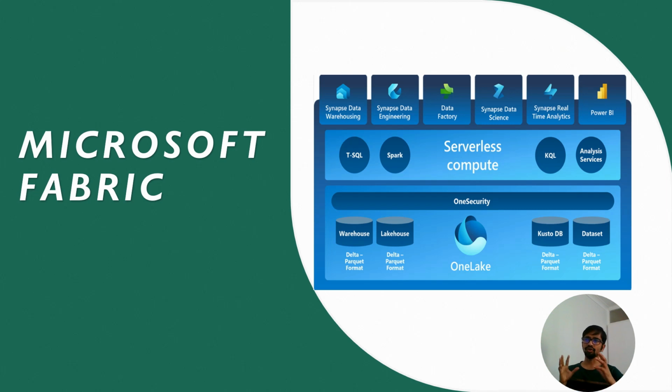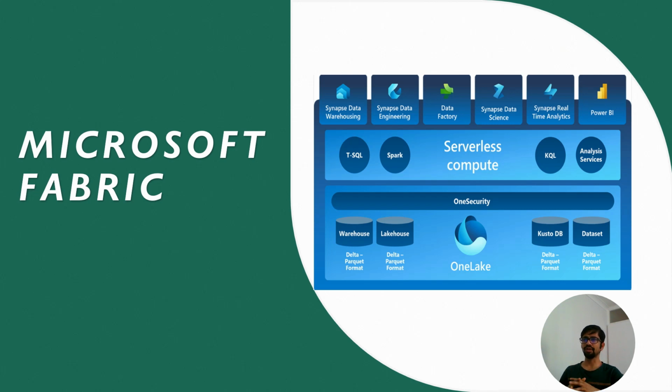But now, because of Fabric, everything is integrated together. We just have to build our flows, build our models, build our reports, and we don't have to worry about anything. If I talk about outside Fabric, that is ADF and Synapse, there we need to go to the portal, create the resource group, create tags, be concerned about the regions where it is hosted, and be concerned about the licenses.